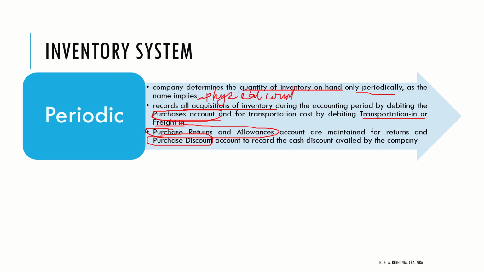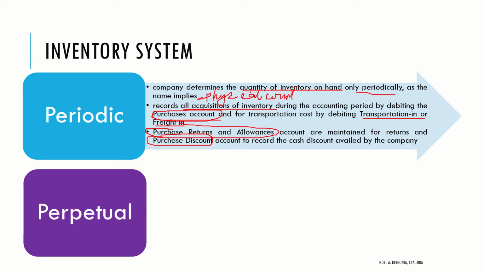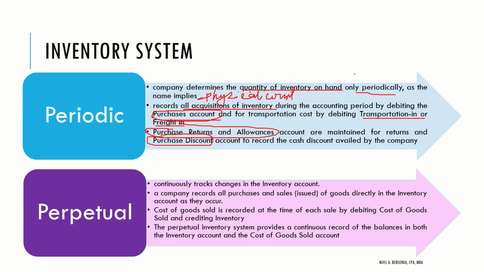Okay? But on the other hand, we have perpetual inventory system naman. Under the perpetual inventory system, we do not count it periodically, but we track the changes in the inventory account. So more on pag perpetual, naka-record. Meron po tayong record of all purchases and sales being issued for the goods.